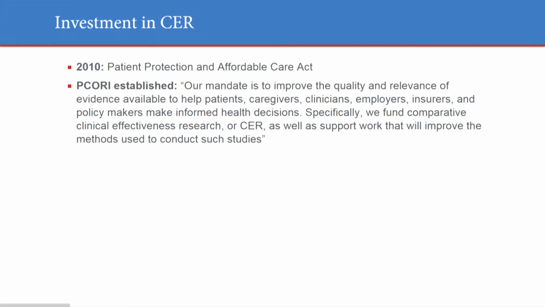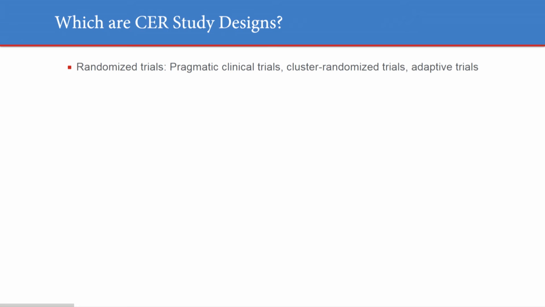Specifically, PCORI funds comparative effectiveness research, or CER, as well as supports work that improves the methods used to conduct such studies. So with all of these investments together, there's been a large increasing emphasis on studies that are doing comparative effectiveness research. So what type of study designs are comparative effectiveness research?